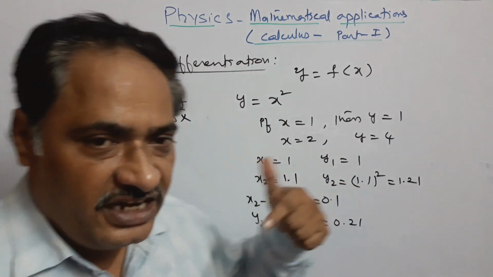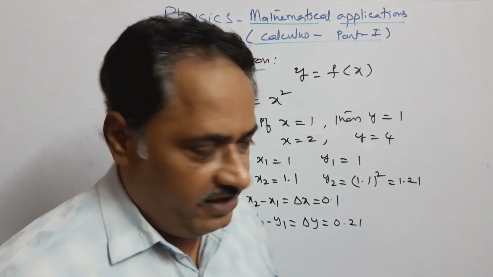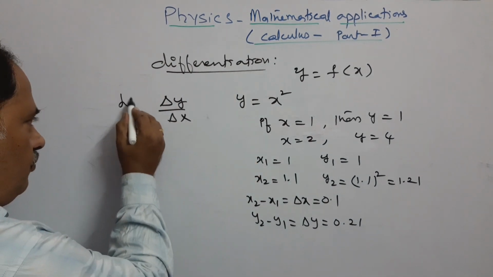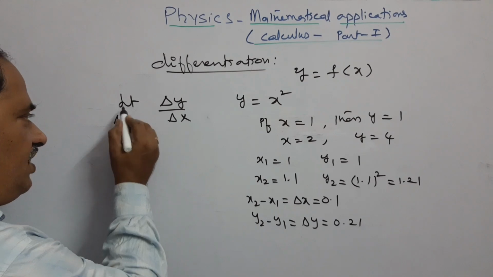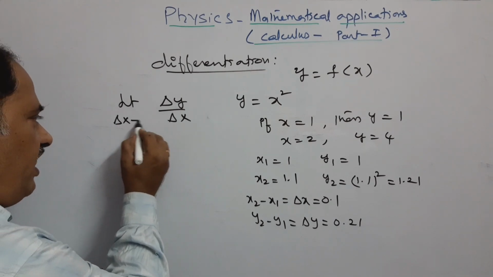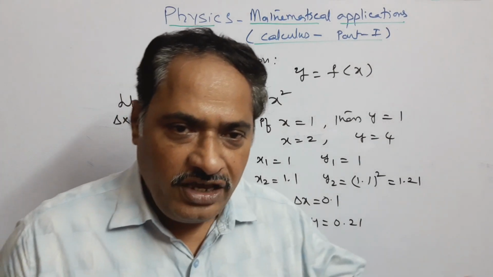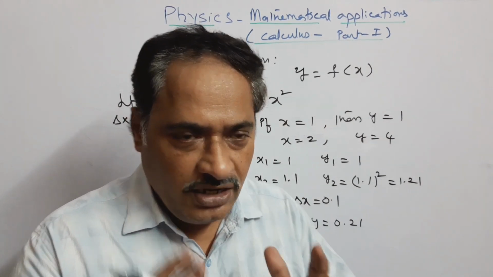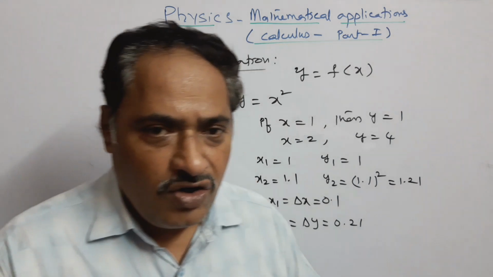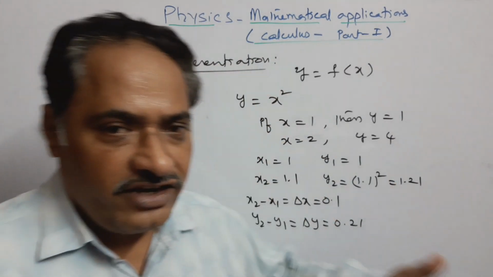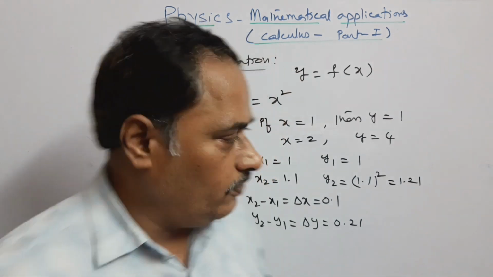You are discussing delta y by delta x and the limiting value of delta x, which I can write as limit delta x tends to 0. Limit delta x tends to 0. You are defining the limit of the changes in the value of x, delta x approaching 0.